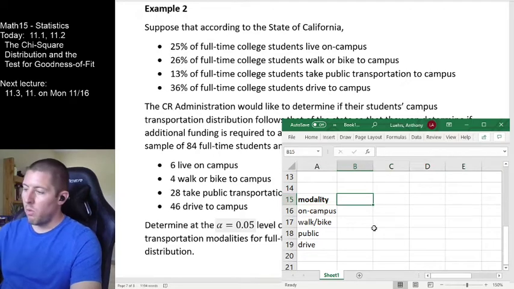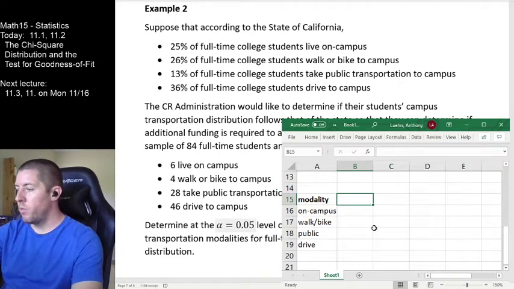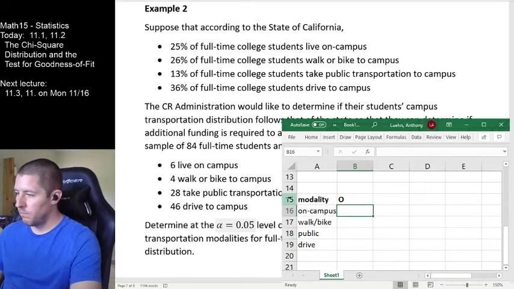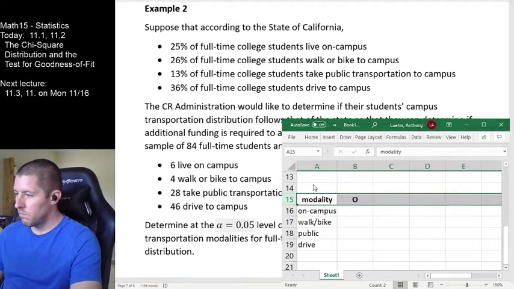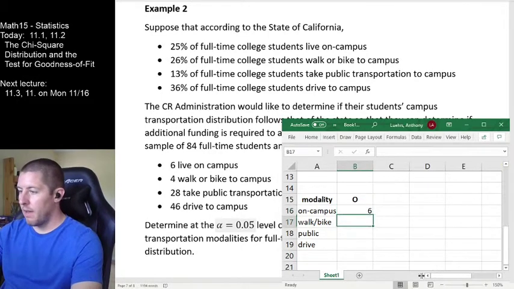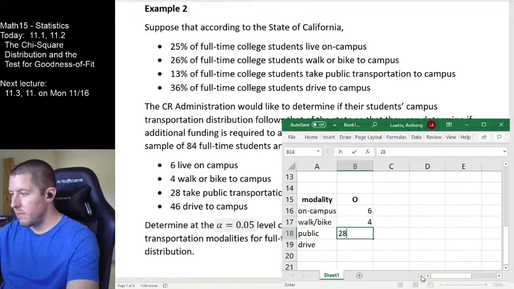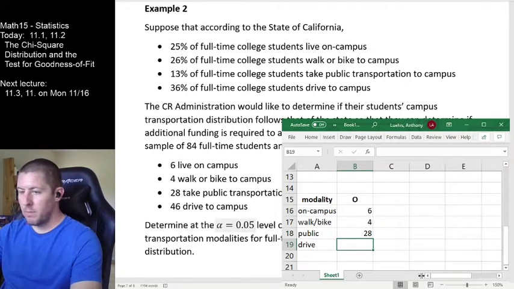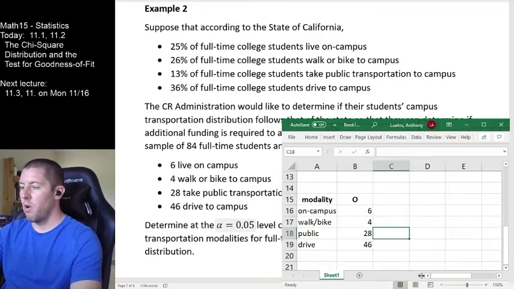What we wanted to know was how many did we observe. So I'm going to call that O. We observed 6 that live on campus, 4 that walked or biked, 28 that took public transportation, and 46 that drove.